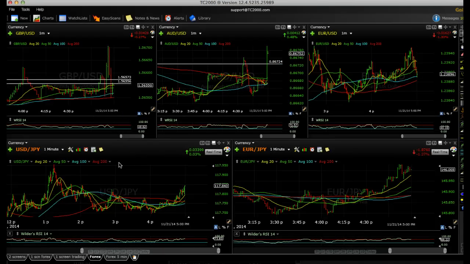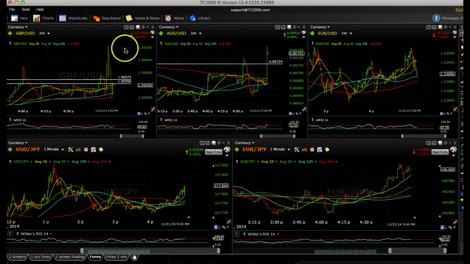I start here because I watch all of these simultaneously. These two follow each other, so Euro JPY, USD JPY, those two follow the market. So if the market is going higher, these are usually going higher. If the market is going lower, these are usually going lower. So I watch these two simultaneously.